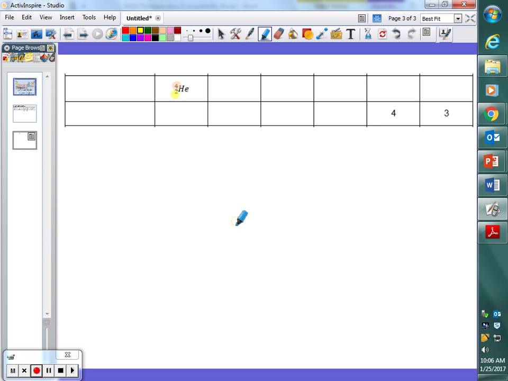The atomic number. So that should give you 3 columns in this table. If the atomic number is 2, obviously that means the atomic number is 2, but it also means the number of protons is 2. But it also means what else is 2? Number of electrons.